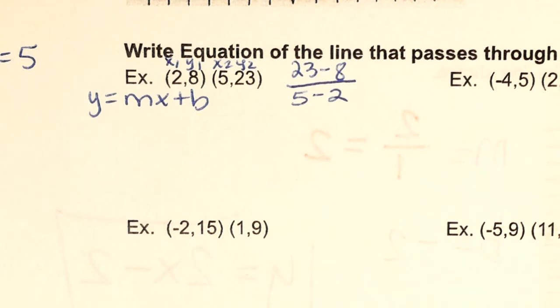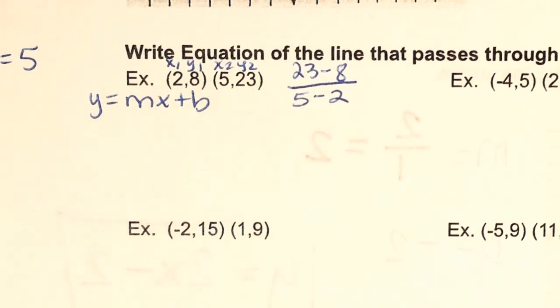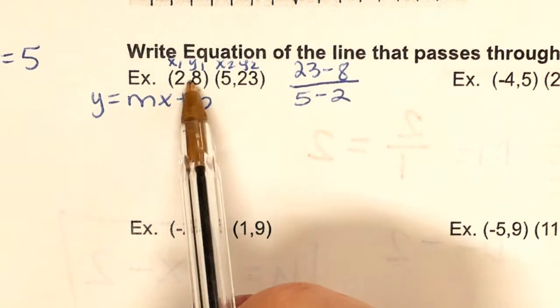What does step 3 say to do? We're going to fill in the m with the slope. We're also going to fill in the x and the y with a coordinate. Do we have 2 coordinates up here? You get to pick one. I always pick the smallest ones or the ones that are positive. So I'm just going to pick this one.